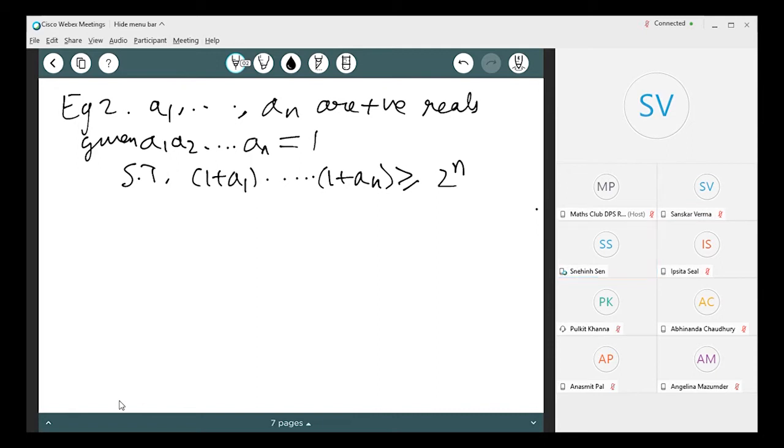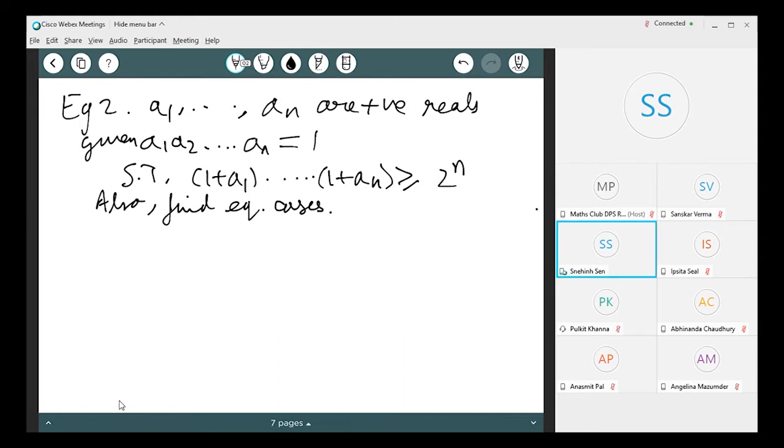So we need to show that the product of (1 plus A1) up to (1 plus An) is greater than or equal to 2 to the power n. Also find equality cases. So how do you propose we go about this one?